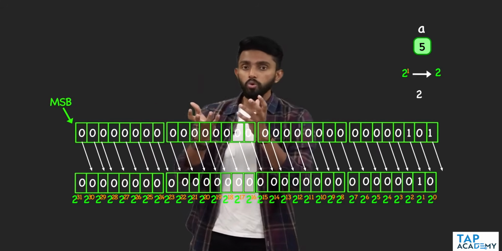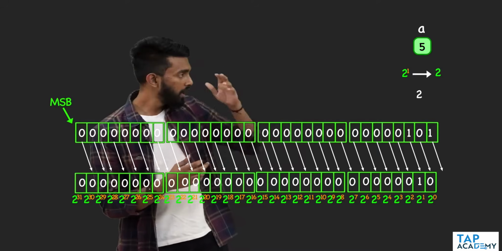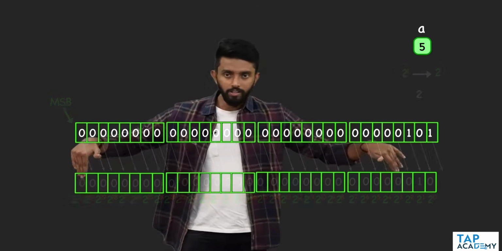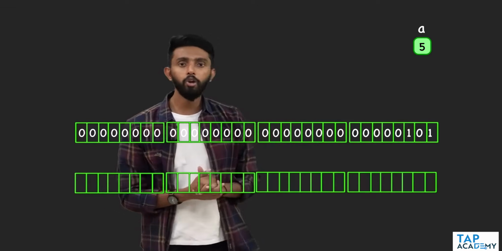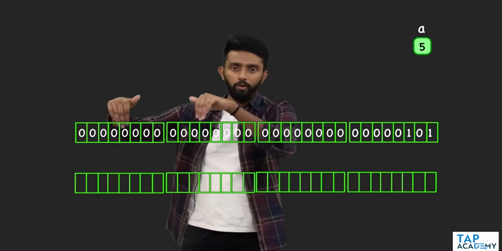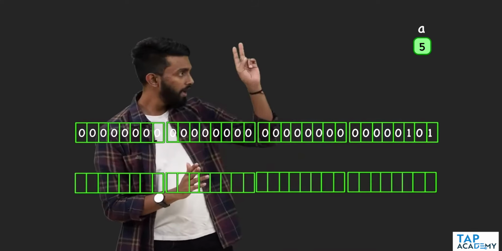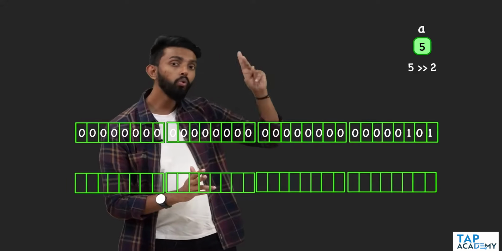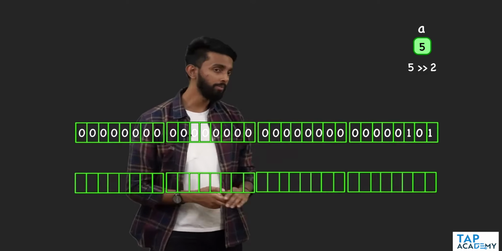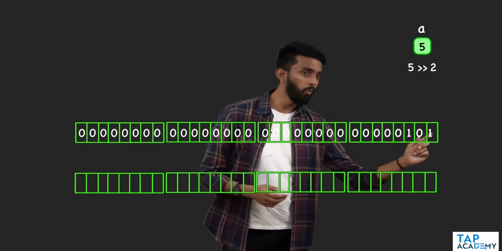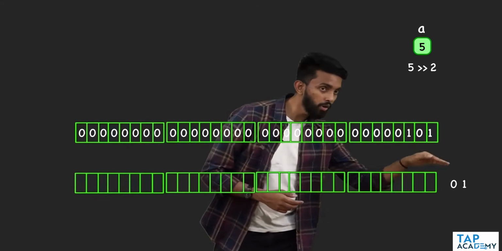But just to show you, let us assume I will reset this. It is still a equal to 5 only. And you know a equal to 5 looks something like this. Now, I'm going to right shift a 2 times. So, it is 1, 0, 1. Now, the 0, 1 will be lost if you right shift. See, I'm putting arrows.